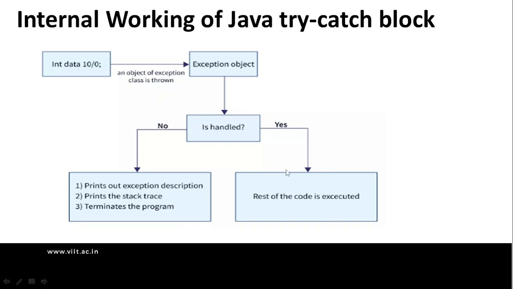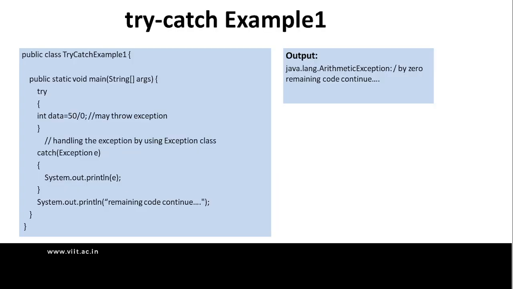This diagram is very important. Try catch example: public class TryCatchExample, int data equal to 50, catch exception, System.out.println and print, and then System.out.println remaining code continue.